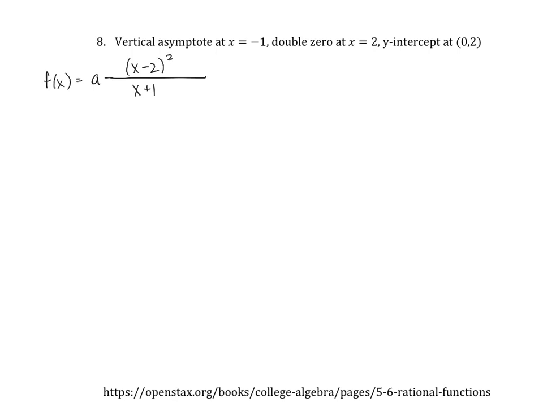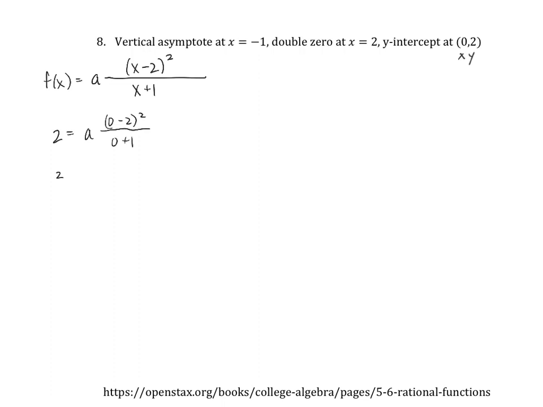So x minus 2 squared. And then we're going to use our y-intercept to find the a. So we have an x value and a y value. So y, 2, equals a times 0 minus 2 squared over 0 plus 1.